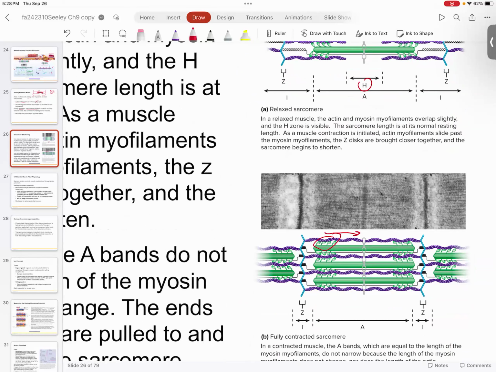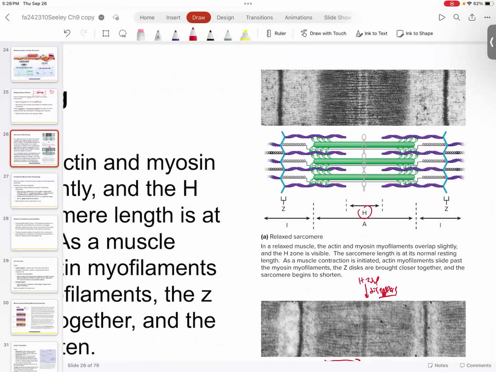Notice how your H zone disappears. That's because the actin is moving and sliding in and filling in that H zone because they're getting closer together. You can still see the M line, but you no longer see that nice white H zone.